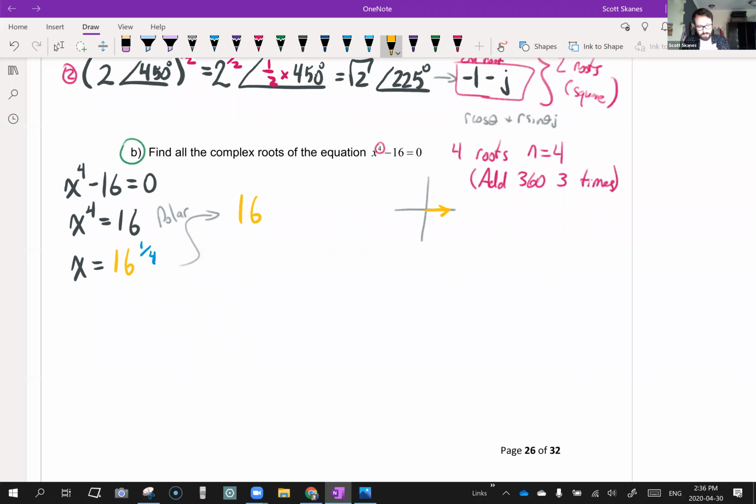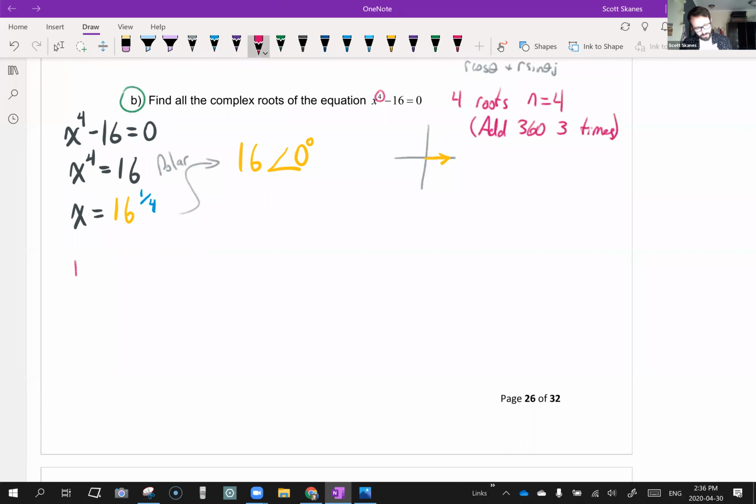So it's just 16, angle 0 degrees. I'm going to include the 0 angle because I need to add 360 to it. So I want to keep it there as something we can work with later, okay? So we have our polar form. Now we'll start getting our 4 roots. We give space for 1 root, space for 2 roots, space for 3 roots, space for 4 roots.